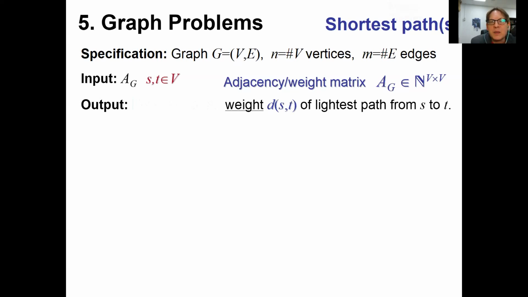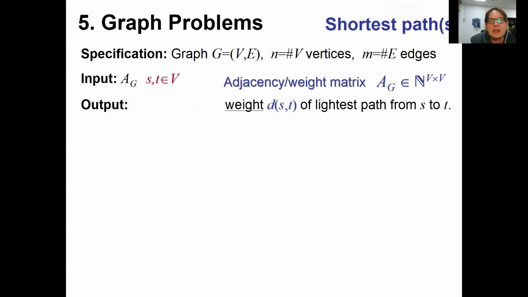We may have weights assigned to the edges. And in this case, the question boils down to what is the lightest path, and more precisely, what is the weight of a lightest path, because the lightest path in general may not be unique.